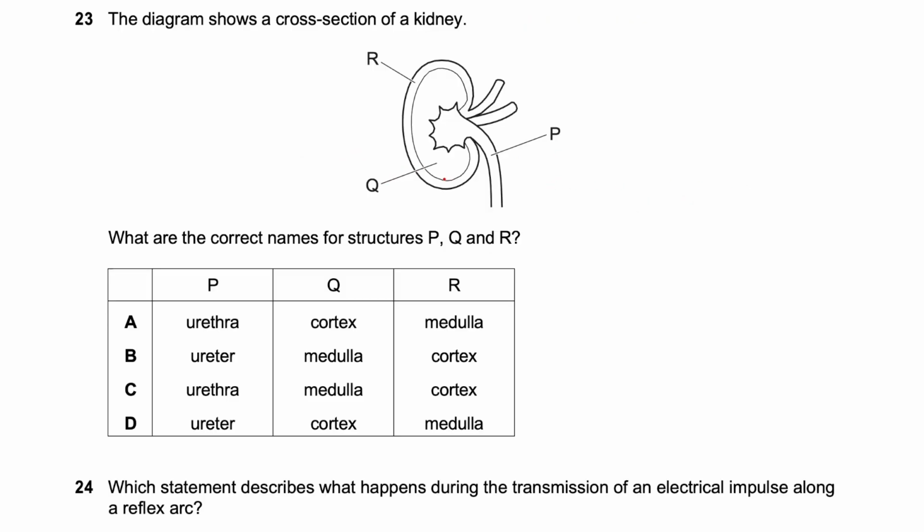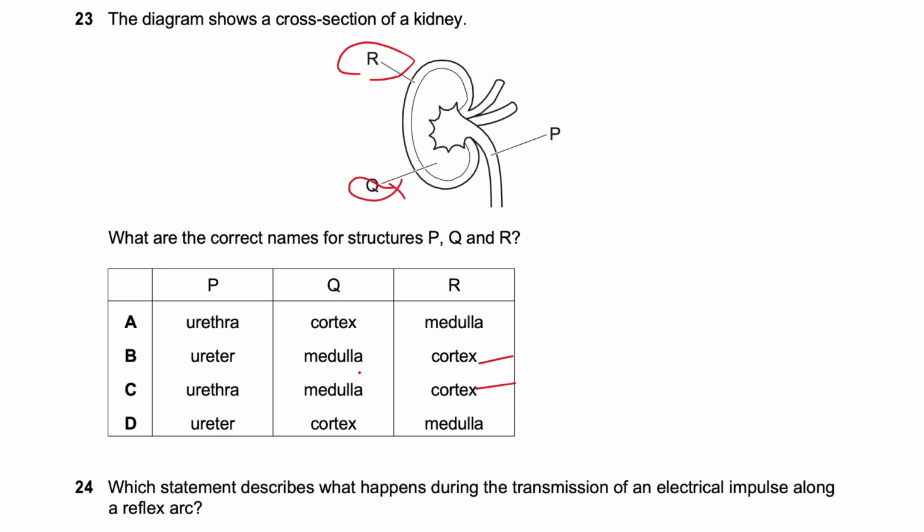Going back to the question, after looking at the figure, what are the correct names for structures P, Q, and R? If we look at R, this is the cortex. Where is the cortex? We can find it in B and C. Q is the medulla.